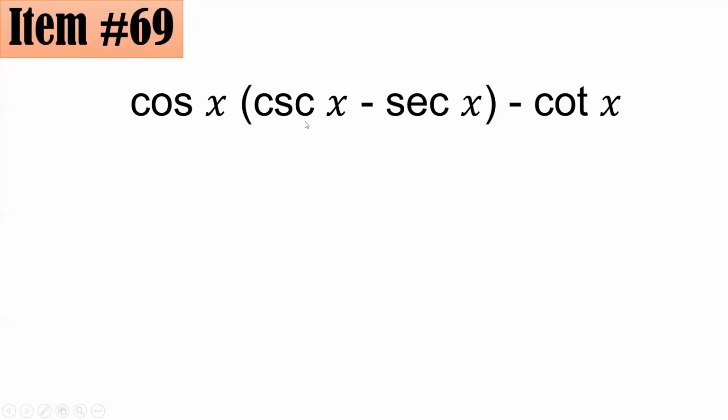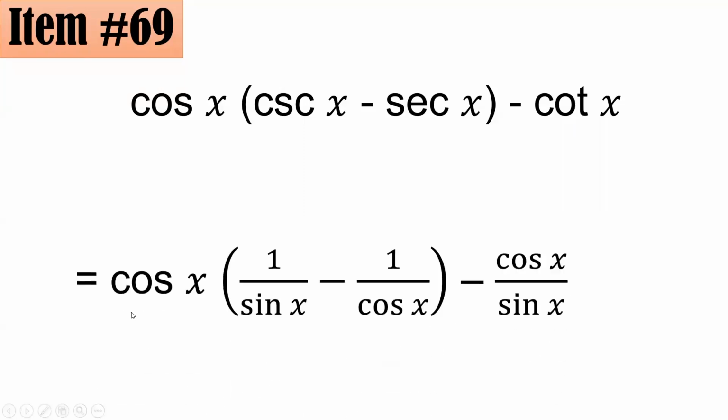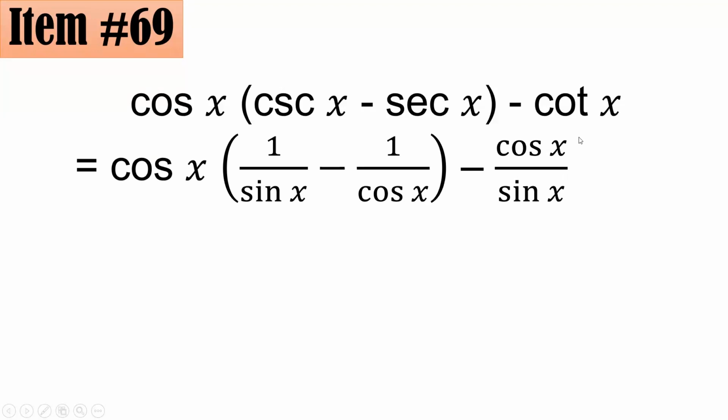Cosecant is the reciprocal of sine. So ito ay magiging 1 over sine x. How about yung secant x po? Magiging 1 over cosine x po ito. Tama. How about yung cotangent x? Cosine over sine. Tama. That's why meron po tayong ganito.